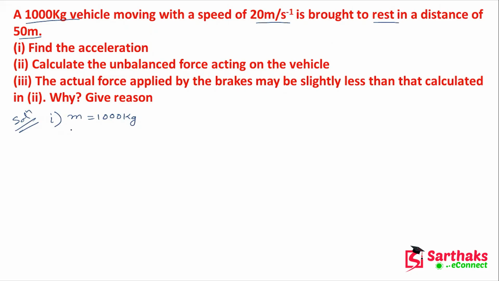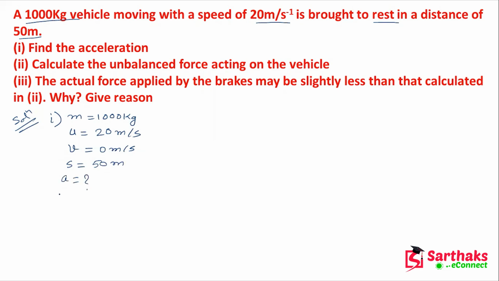Here, the velocity 20 meter per second is the initial velocity u, because it comes to rest. Final velocity v equals 0 meter per second, and distance s equals 50 meter. And we have to find out the acceleration a.